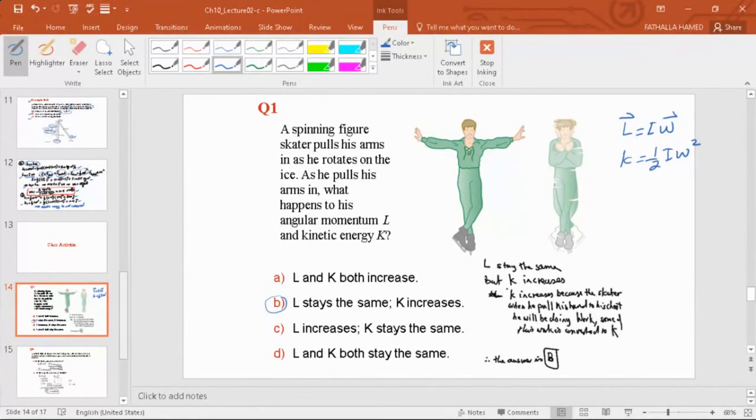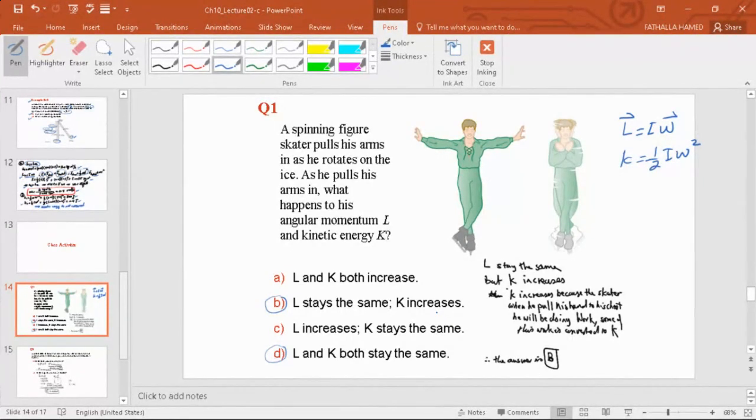L increases, K stays the same. That's not going to happen. L and K both stay the same. So on B and D, the angular momentum is conserved. That's fine with me, but I have to look at the kinetic energy. Now, is the kinetic energy going to stay the same?